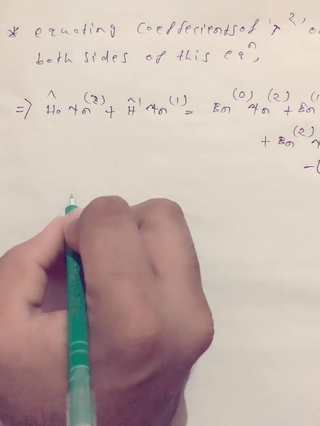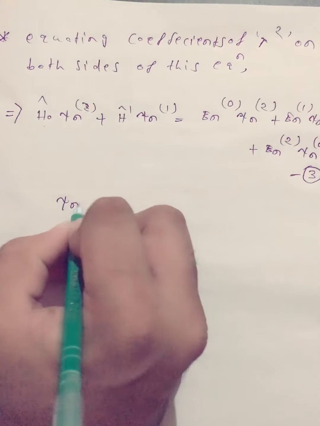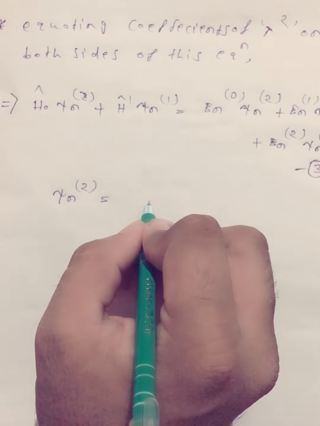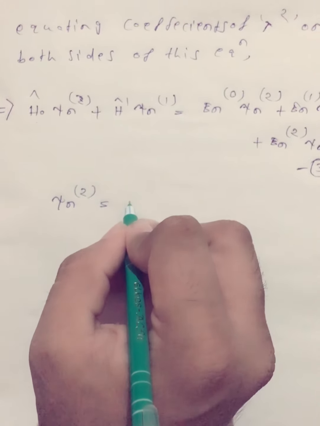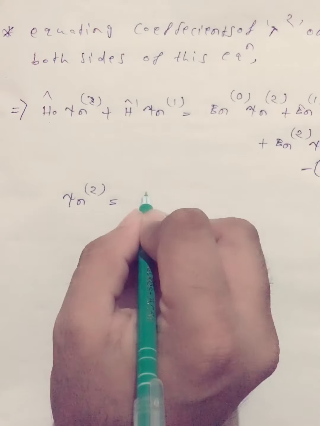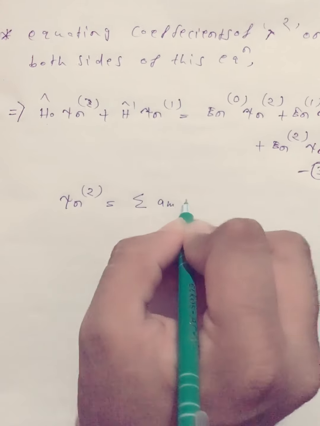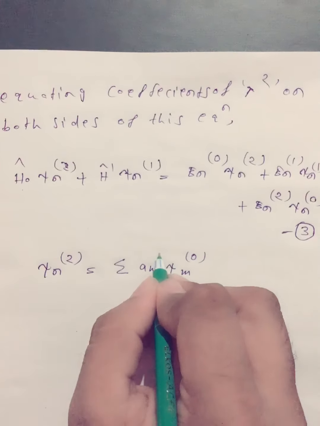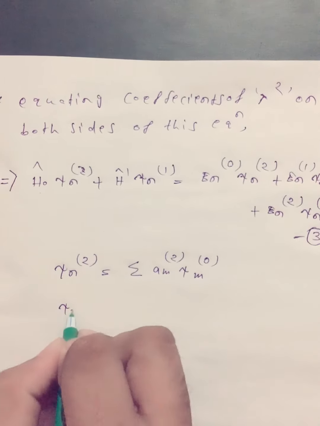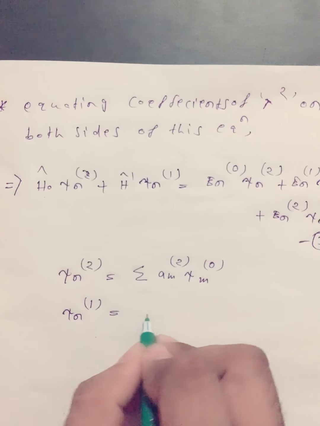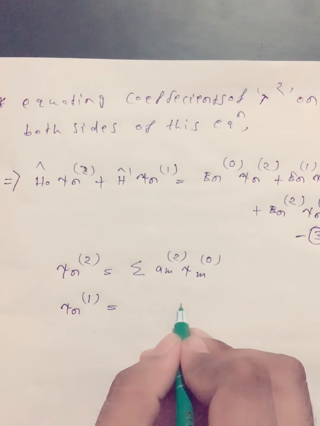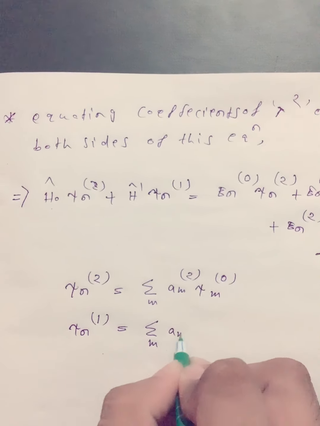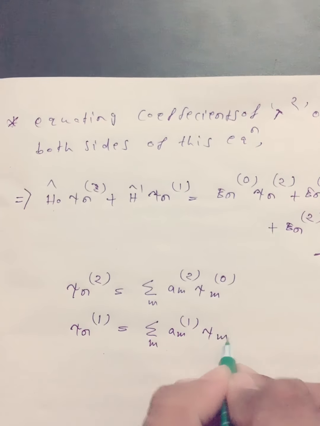Then we can write psi n 2 in terms of psi m 0. So psi n 2 is equal to sigma m am 2 psi m 0, and psi n 1 is equal to sigma m am 1 psi m 0.